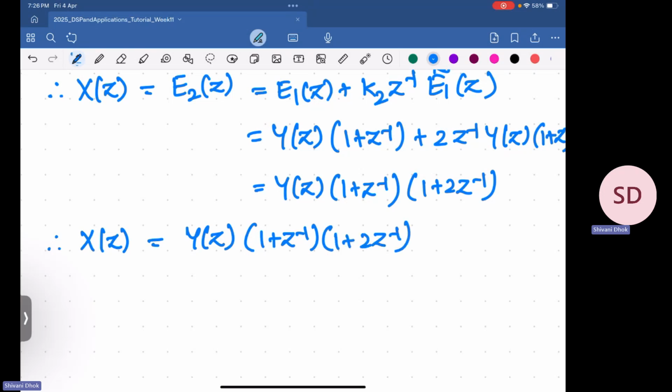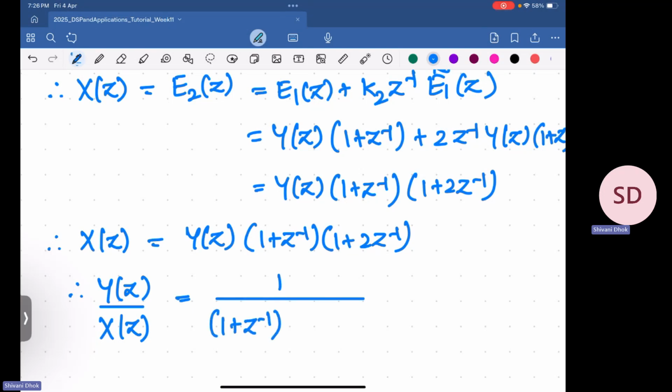Now I can divide both sides by x of z into 1 plus z inverse into 1 plus 2z inverse. So y of z upon x of z comes out to be equal to 1 upon 1 plus z inverse into 1 plus 2z inverse. Is it clear? Any questions?